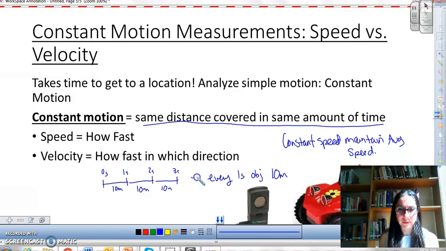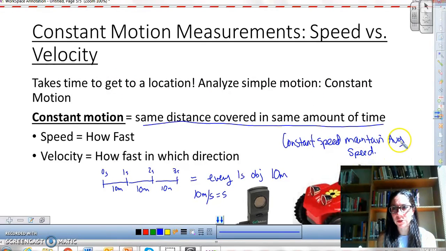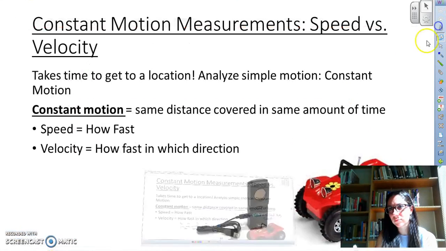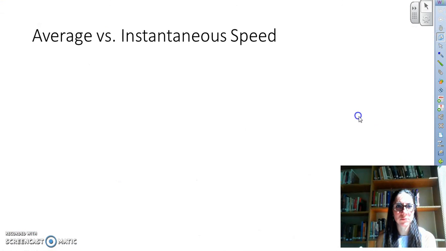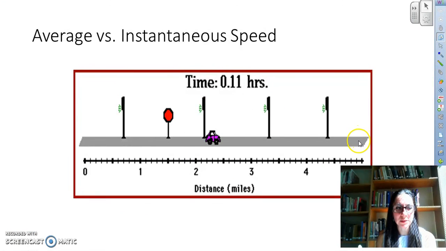Or instead of writing it like that, we can say 10 meters per second is the object's speed. So that's what constant motion is: you maintain your speed each time, which is different from average, as we saw earlier, where your average speed can change. And you could see in this diagram that you have instances where your instantaneous speed is 0 and not the average speed, 25 miles per hour.